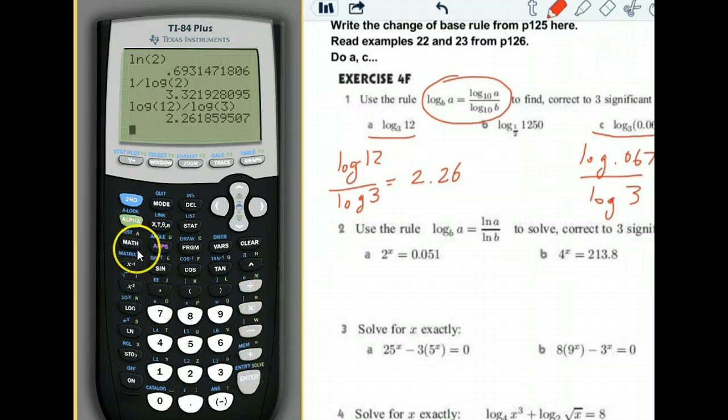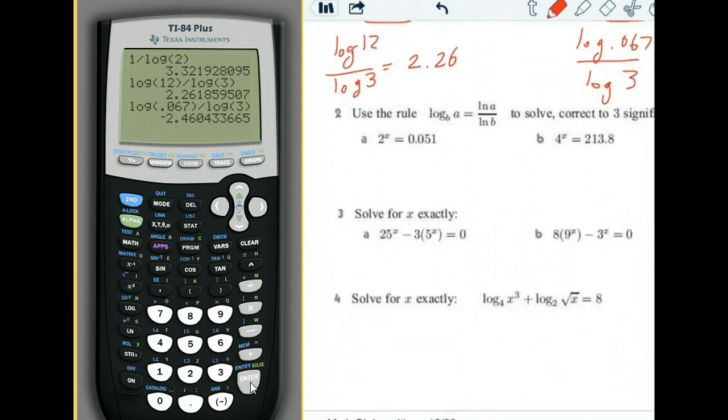Log 0.067 divided by the log of 3. We get negative 2.46. Okay?